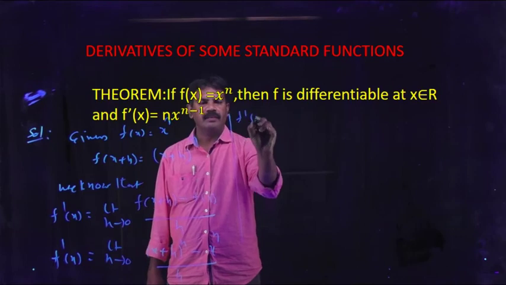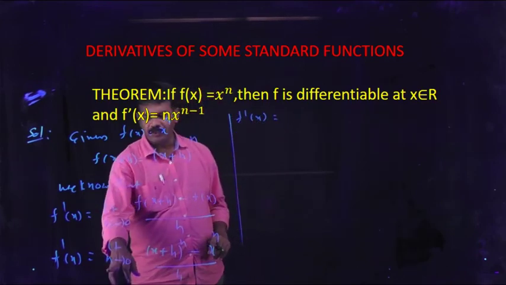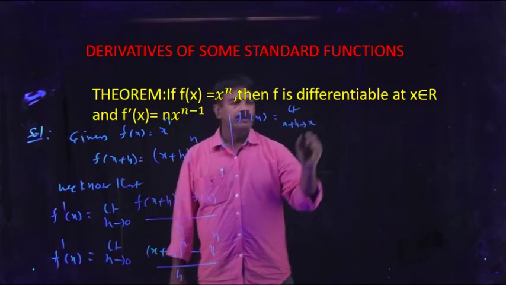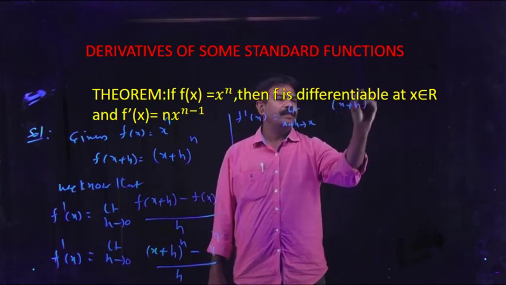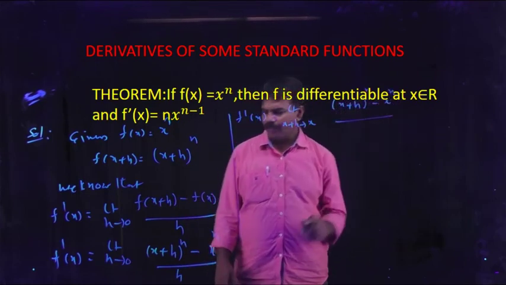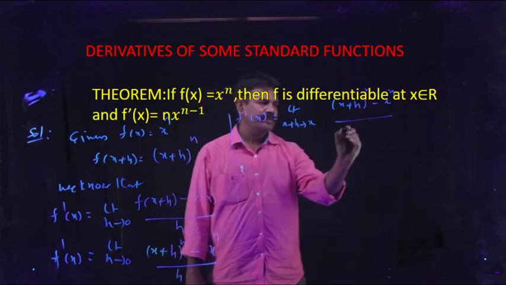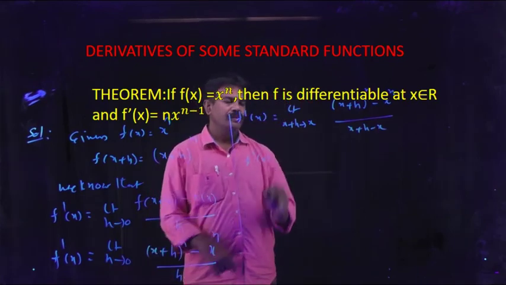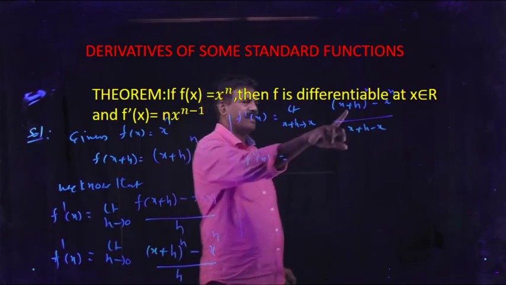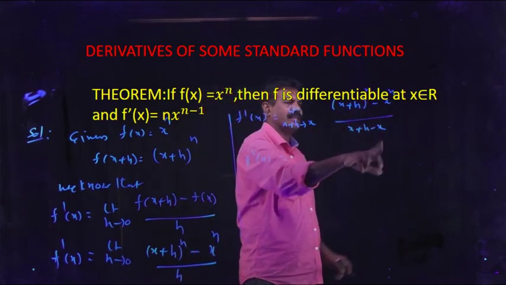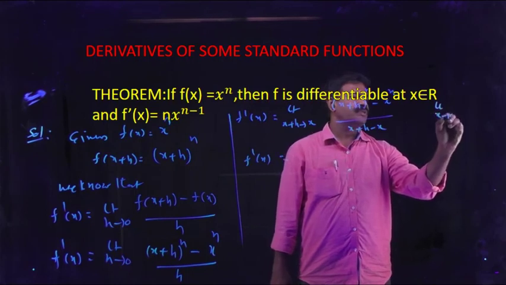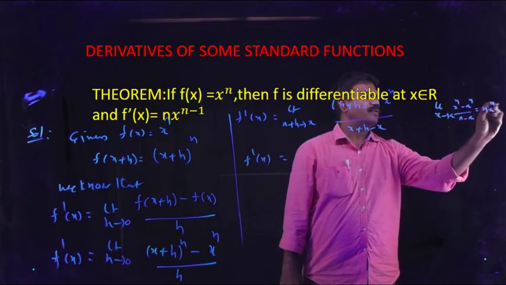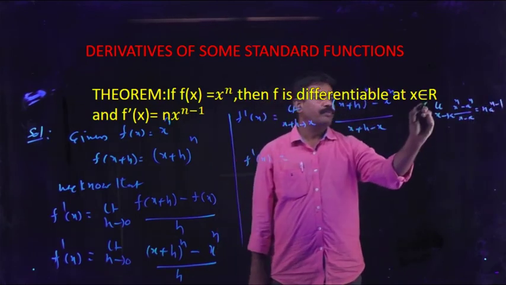So f dash x is equal to, for the limit we are adding x on both sides, limit x plus h tends to x, x plus h whole power n minus x power n by the denominator, we add and subtract x, that is x plus h minus x. So f dash x is in the form of limit x tends to a, x power n minus a power n by x minus a, which is equal to n into a power n minus 1.